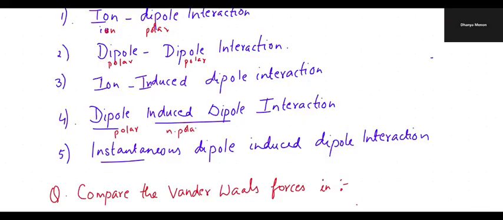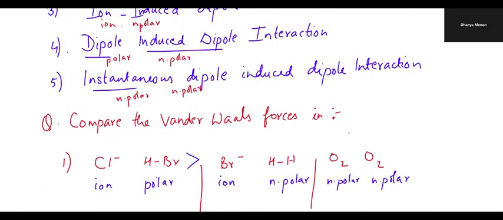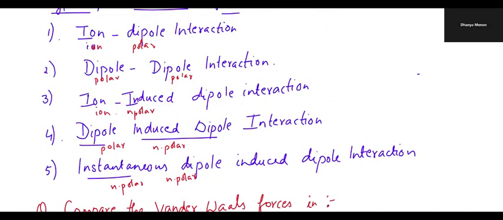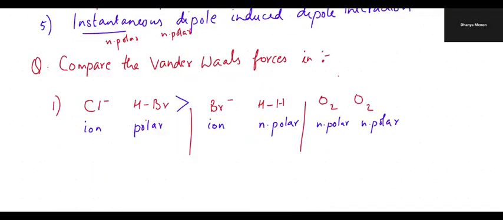The last one is non-polar and non-polar. This is ion and non-polar. Right. So if we check, ion and polar is the first one, so it is the strongest. Next one is ion and non-polar, the next strongest. And the least strong is non-polar.